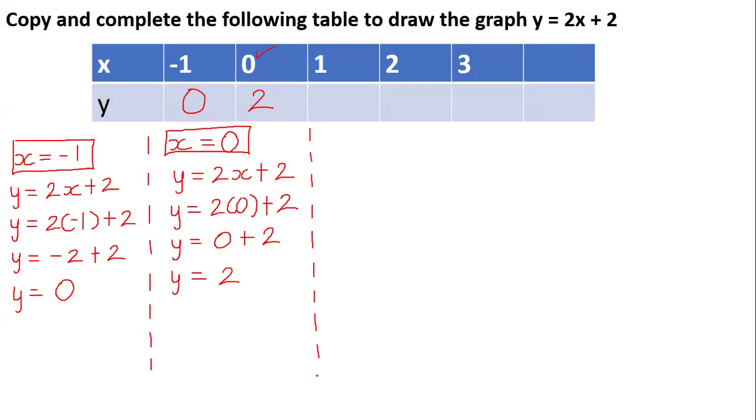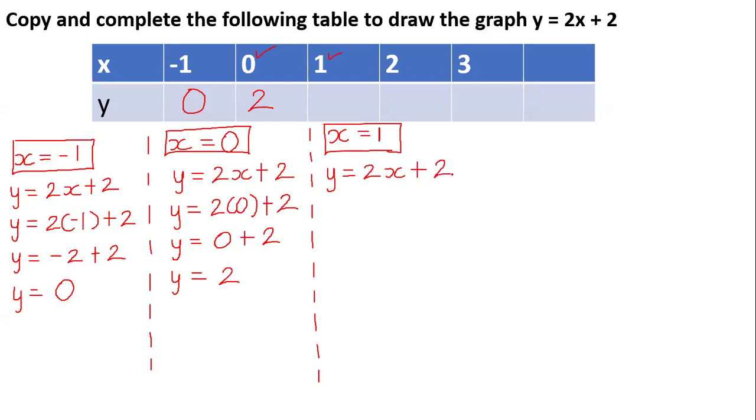Next, we have x is equal to 1, right? X is equal to 1. So we have y is equal to 2x plus 2.